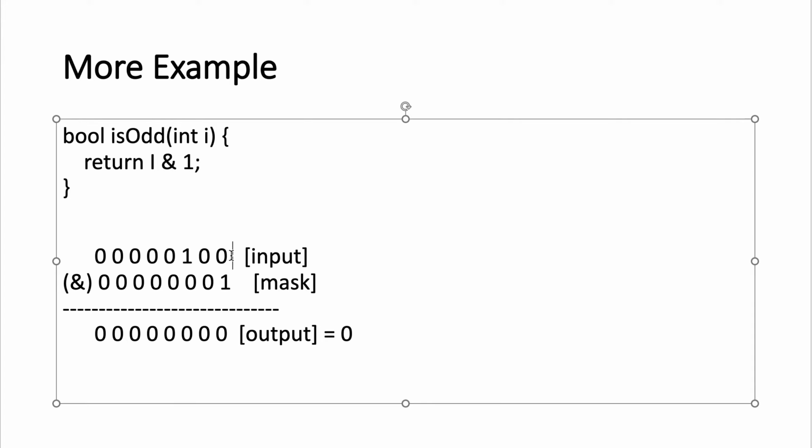But if the least significant bit is 1, that means this is a 5, right? So this becomes 1, and the output becomes 1. That means it's true. 1 means true and 0 means false. So if it returns 1, then yes, it is an odd number.